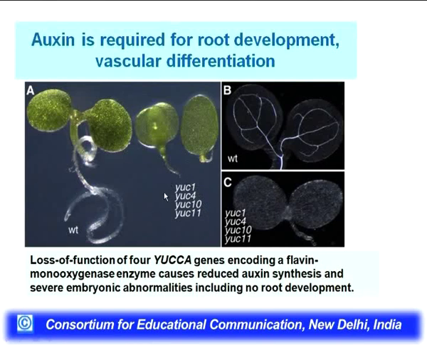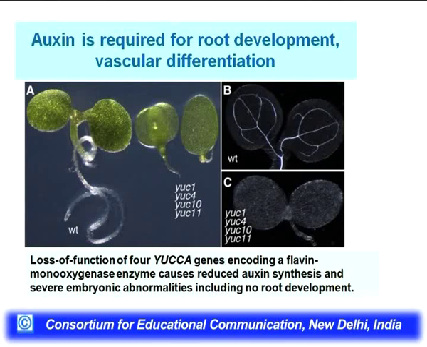When all 4 genes are knocked down, auxin biosynthesis is greatly reduced, and auxin is required for root development. You can see this quadruple mutant does not develop a proper root structure like the wild type does. This is the wild type root which develops very well, but not in the YUCCA mutant because they lack auxin biosynthesis. Similarly, auxin is also required for vasculature development.